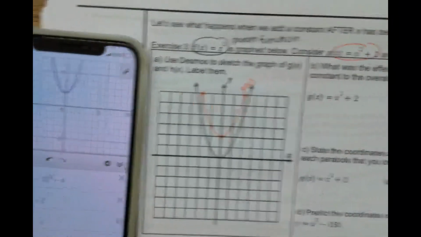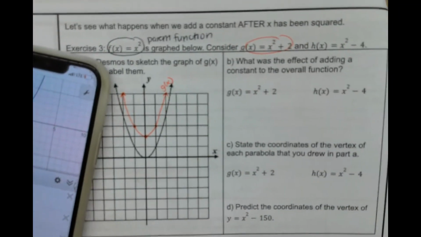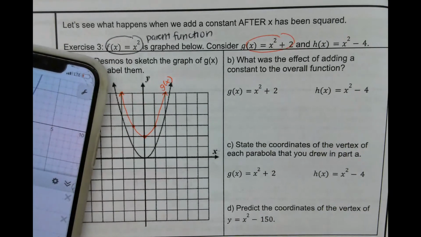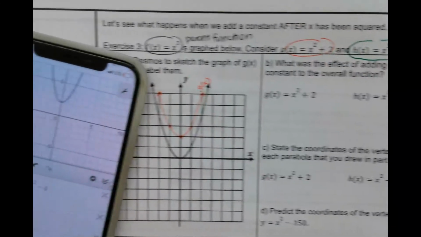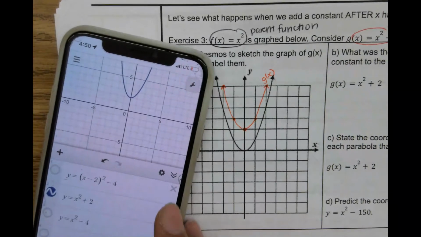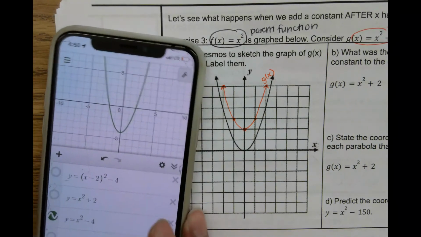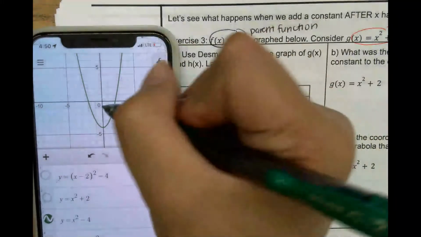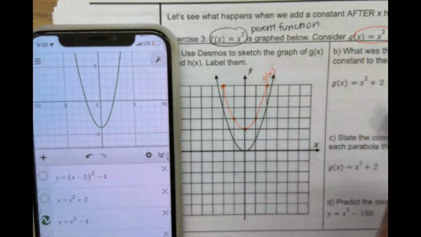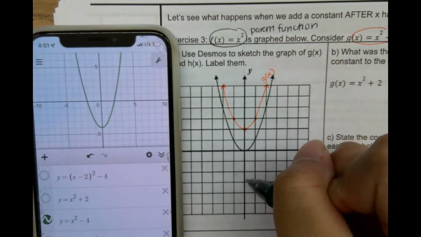Okay. The next one here is going to be h of x equals x squared minus 4. I'm going to do that one here in green. So we're going to use Desmos to help us sketch it. So let me remove the x squared plus 2. This one is x squared minus 4. My vertex here is at 0, negative 4. So I'm going to graph 1, 2, 3, 4.